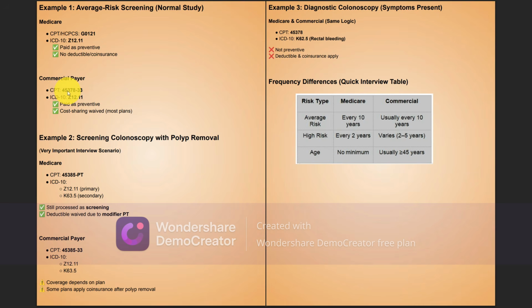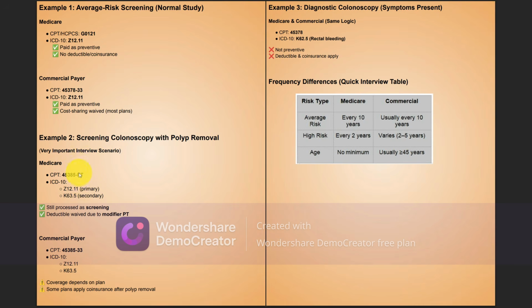In the commercial scenario, 45378 with a 33 modifier and Z12.11 is paid as preventive. Cost sharing is waived in most plans. Example two: a screening colonoscopy with polyps, a very important interview scenario.